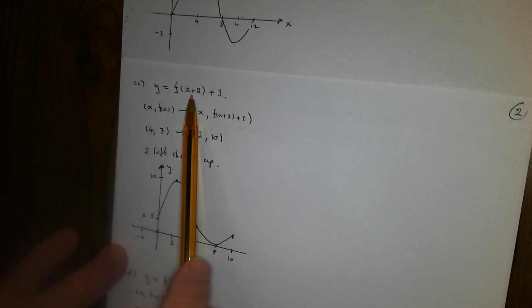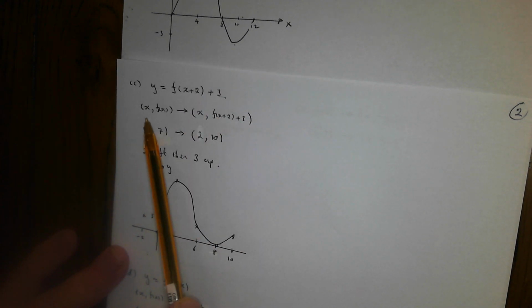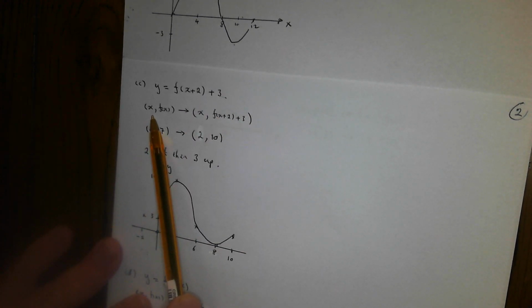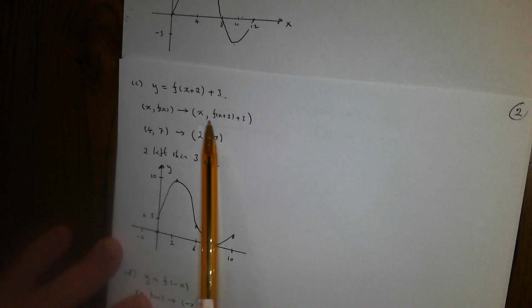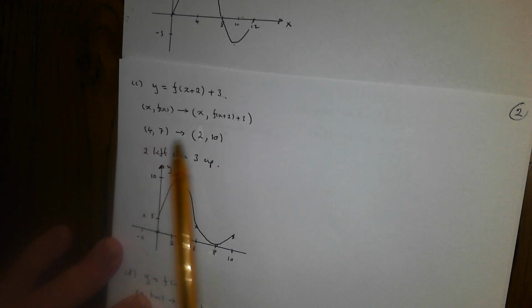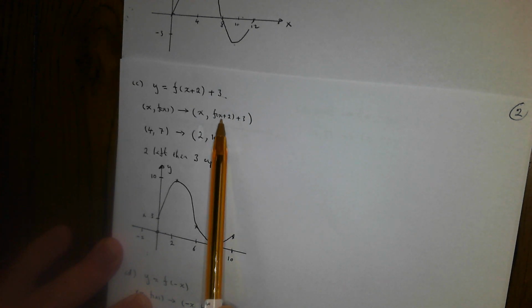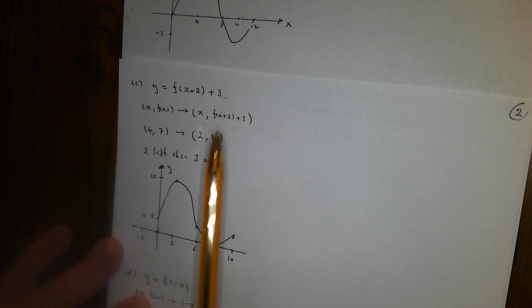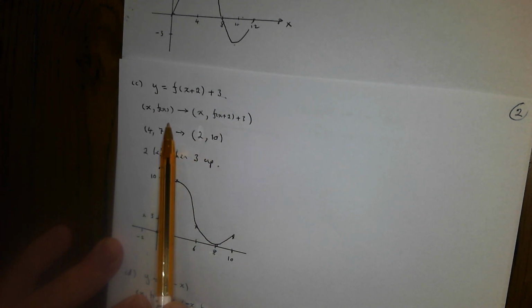f(x plus 2) plus 3. So any point of the form (x, f(x)) becomes (x, f(x plus 2) plus 3). So for example, (4, 7). To get a 4 here, I simply make x equal to 2. So everything's going to move 2 units backwards towards the left.